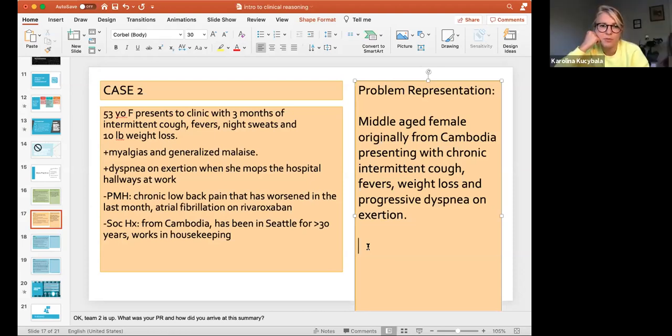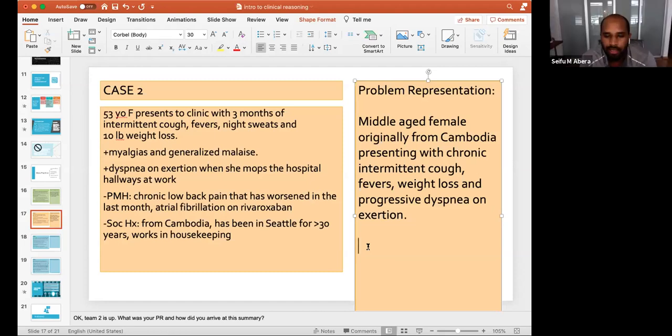Any thoughts? I know you are all seeing case 2 for the first time, so anything that comes up reading it? I think Alex has already mentioned that, but in this one I would probably just say with chronic intermittent cough, progressive shortness of breath on exertion, and constitutional symptoms.